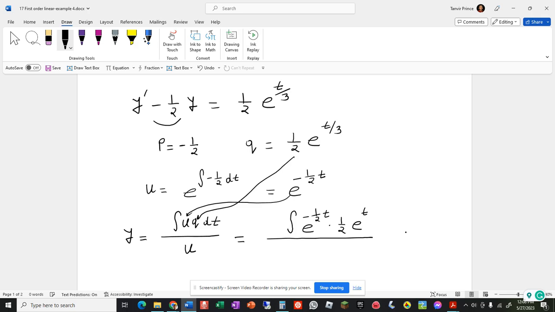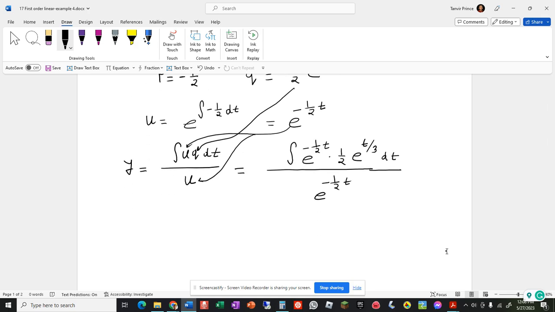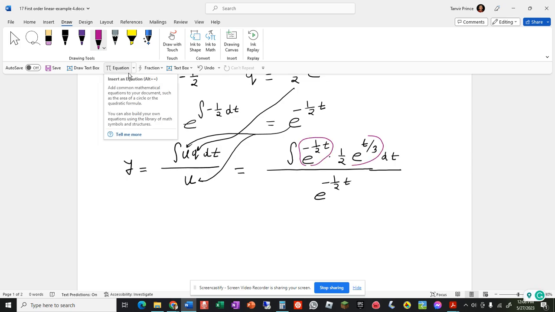So I substitute u and q, divided by, of course, I also have to put my u in the denominator. Continue. I can multiply out e to the negative half t and e to the t over 3, right? I can multiply. And of course, when I multiply, you add the exponents, right?